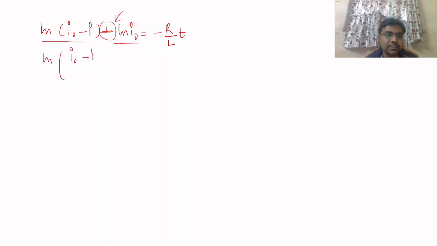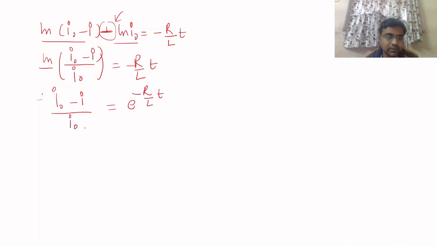So ln of (I0 minus I) divided by I0 will be equal to minus R by L into T. So if I have log here, if I take on the other side, this ln will become e raised to minus R by L into T upon I0.